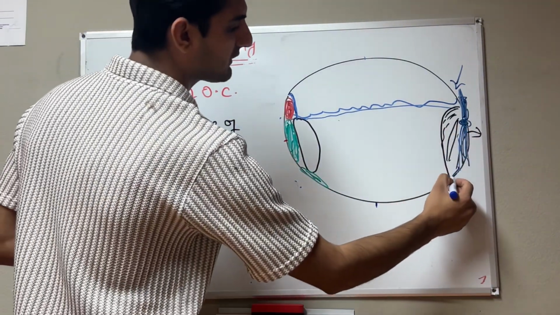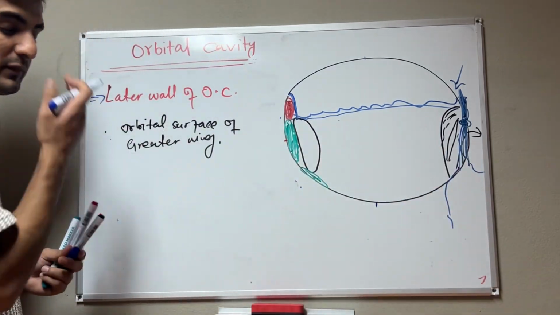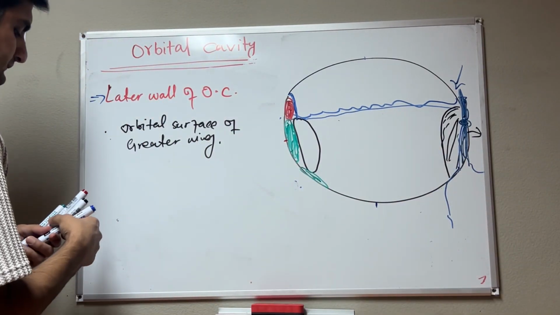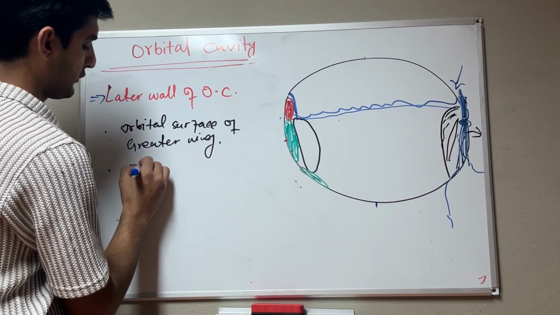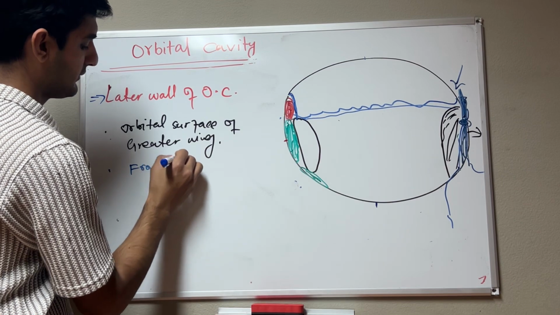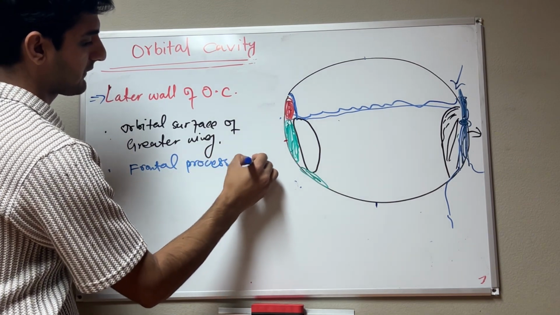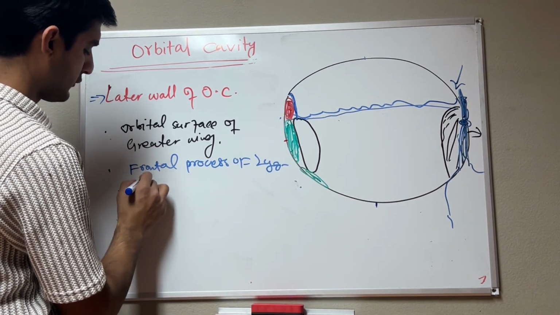The zygomatic bone has three surfaces: orbital surface, temporal surface, and lateral surface. We will write here: frontal process of the zygomatic bone.